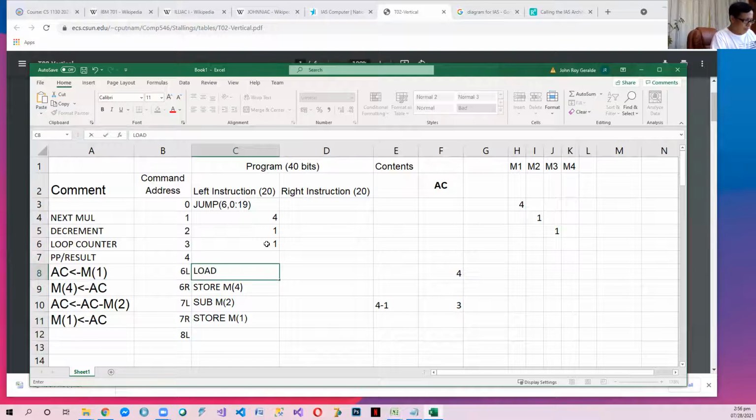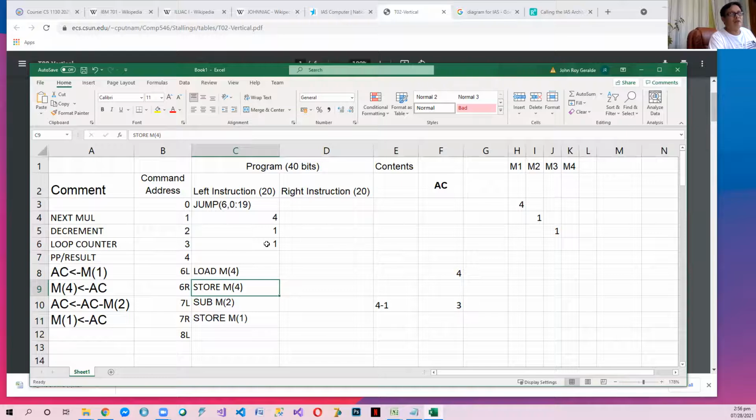Load M4. And then, what do we multiply it with? Mole M3. Okay, do you follow? So, what will be AC?